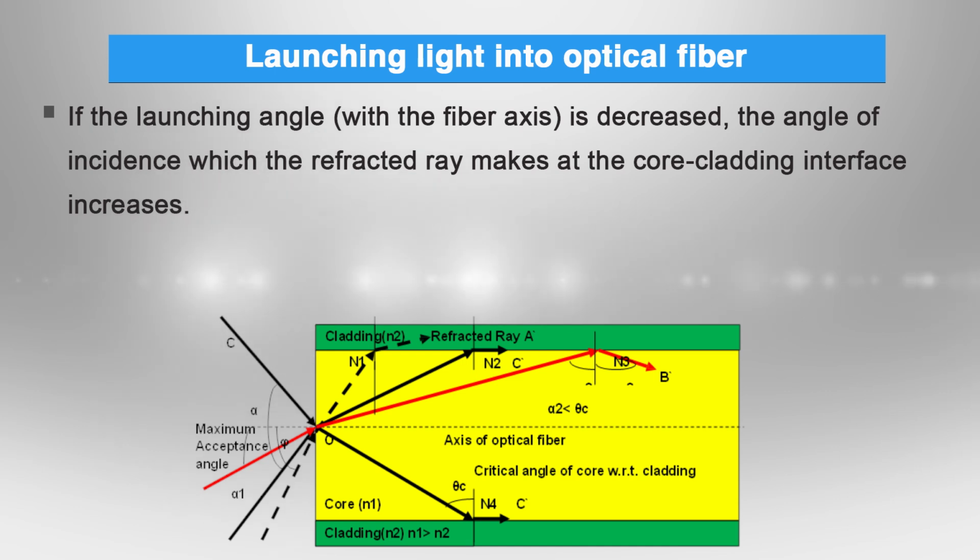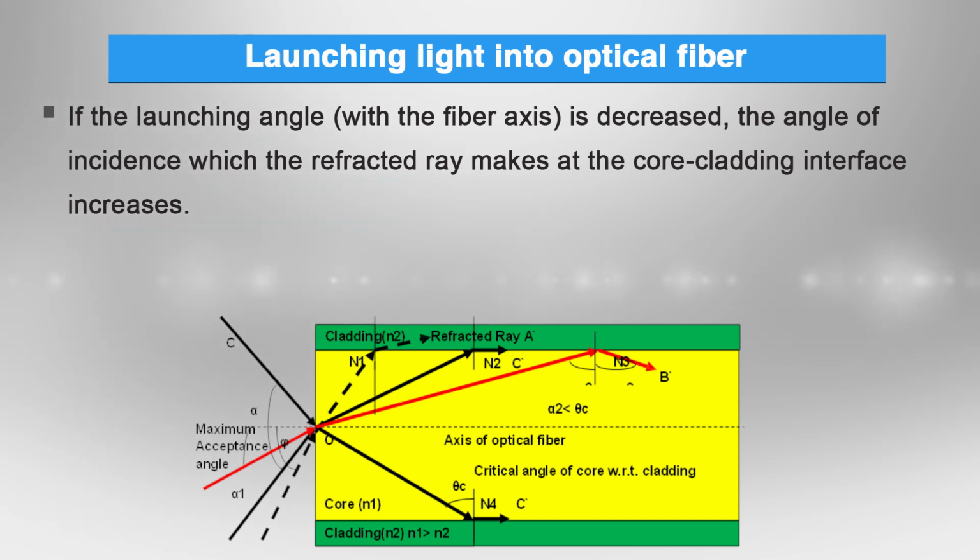If this increase is such as to exceed the critical angle of the core-cladding interface, then total internal reflection of the refracted ray takes place and the light remains in the core and is guided along the fiber.